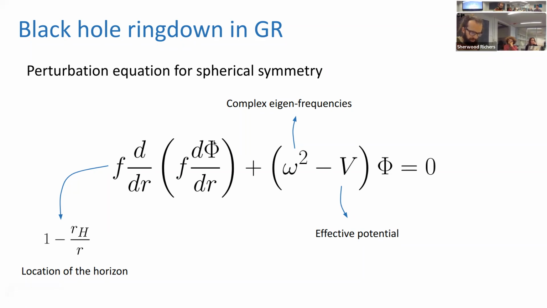It's a second order differential equation of this variable phi with some eigenstates, the eigenfrequencies, that are determined once one imposes the right boundary conditions. And the dynamics is actually determined by this effective potential that can change depending on what perturbation we're looking at.